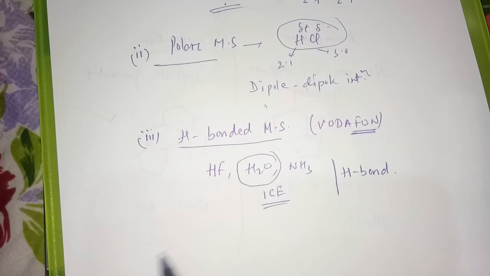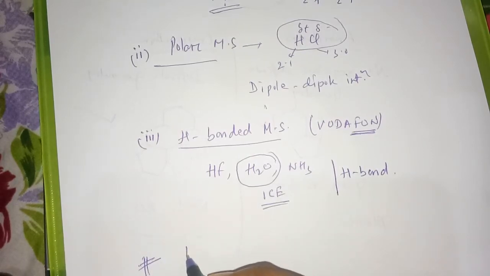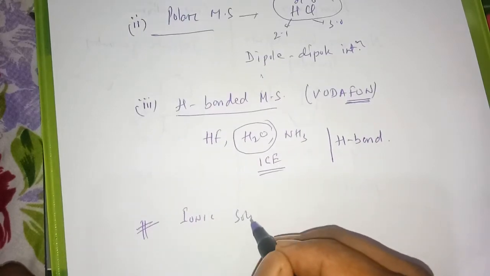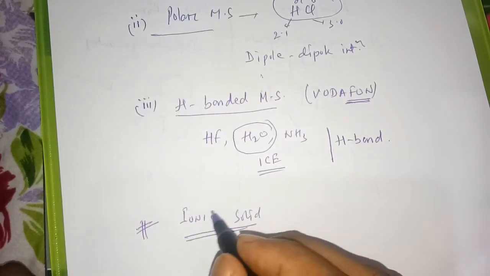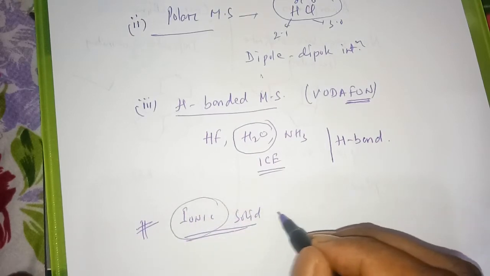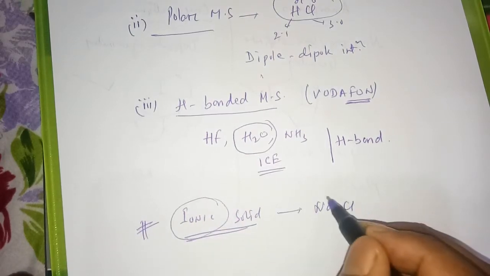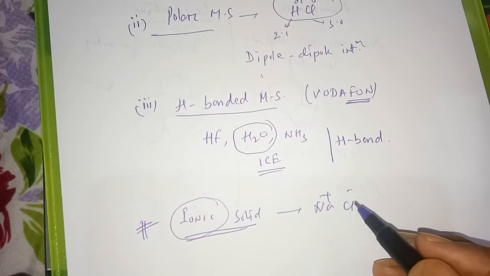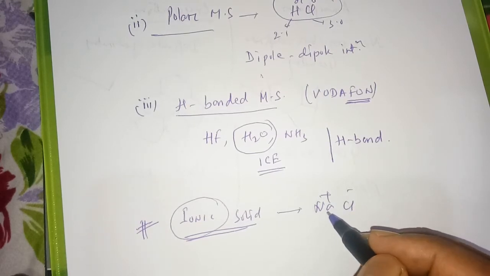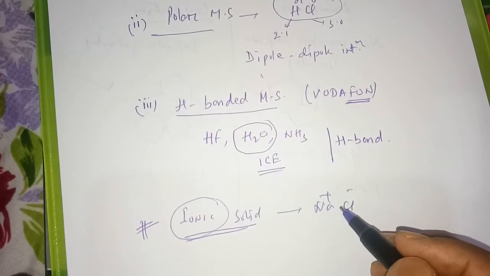Next one that we are going to read is ionic solid. So obviously, as the word says, ion. An example is NaCl, Na positive, Cl negative. Those in which the solid's constituent particles are ions are called ionic solids.